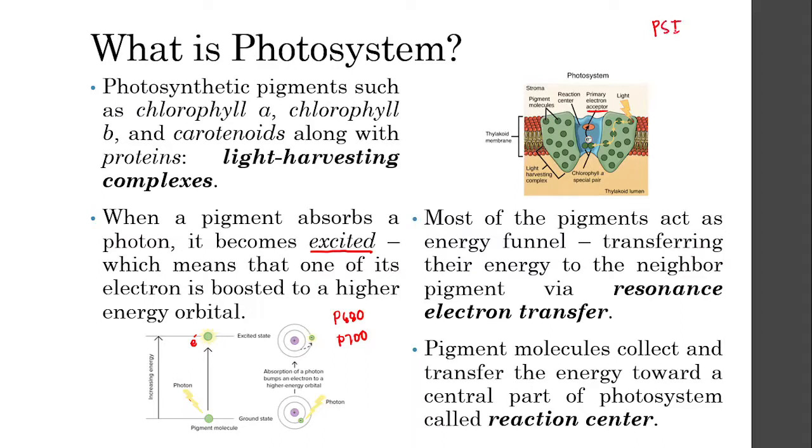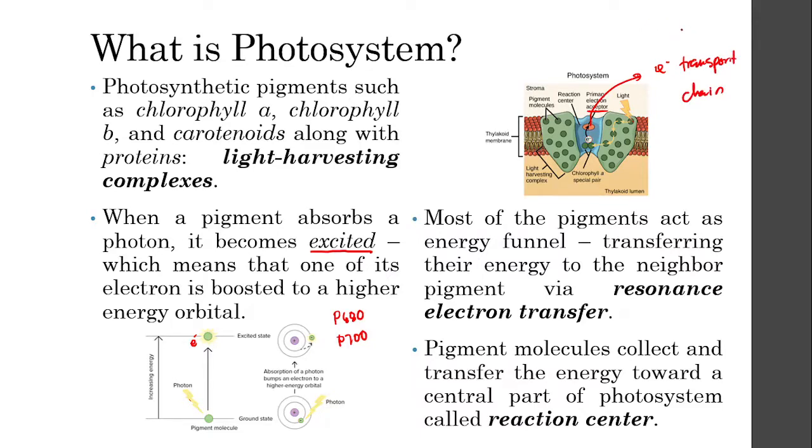For PS1, there's a special name for this primary electron acceptor. After donating its electron to the primary electron acceptor, this will start the whole electron transport chain.